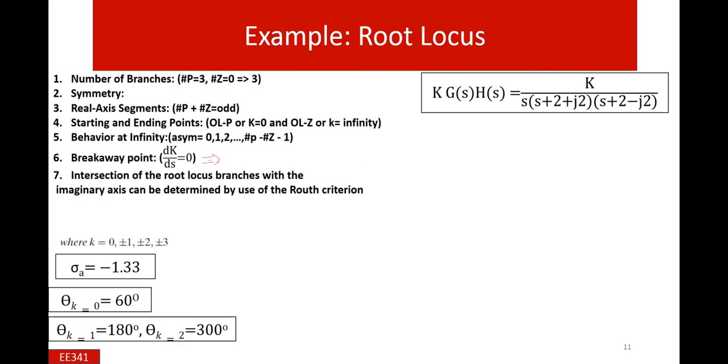So next is how to find the criteria for the value of k. We can discuss the whole situation for the value of k.